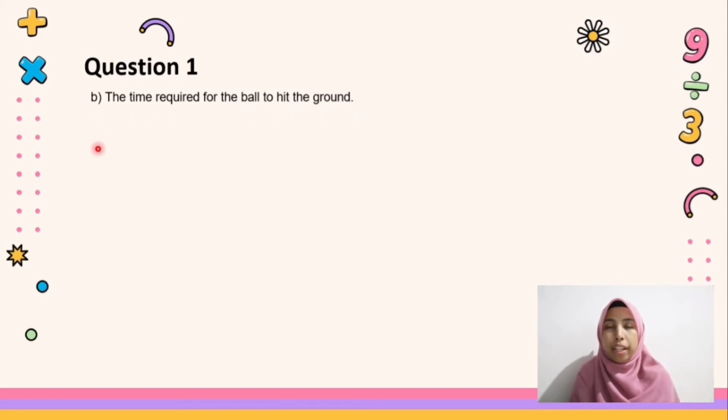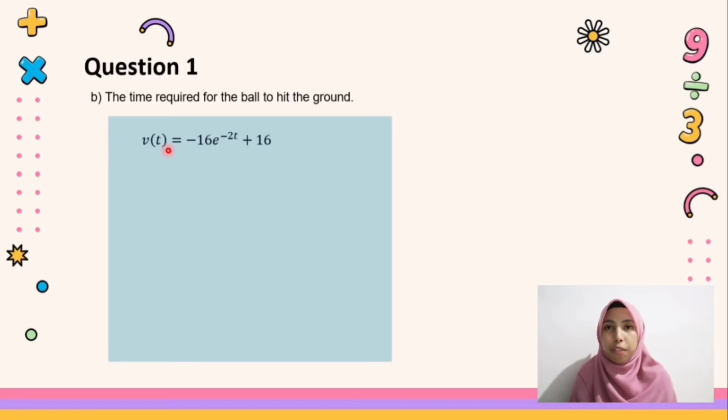From A, we get this equation, which is Vt equal to negative 16 e to the power of negative 2t plus 16. From the question, the ball dropped from a height of 3000 feet. We assume x equal to 3000 feet, and we get xt equal to 3000. Alright, we express Vt as dx over dt, and then integrate.